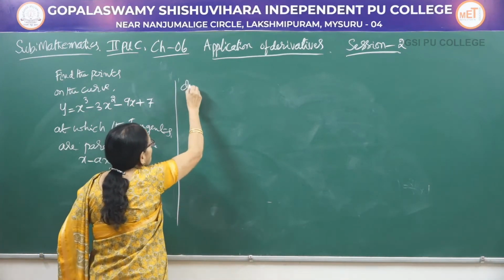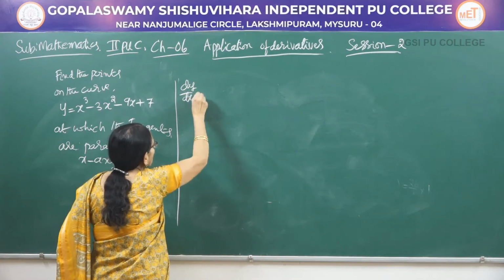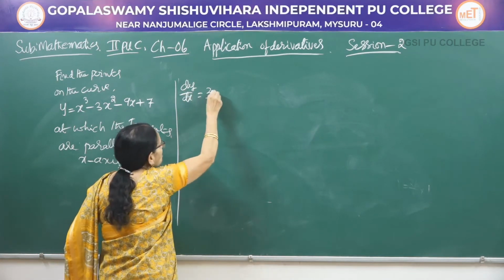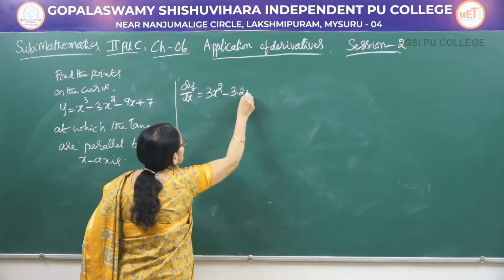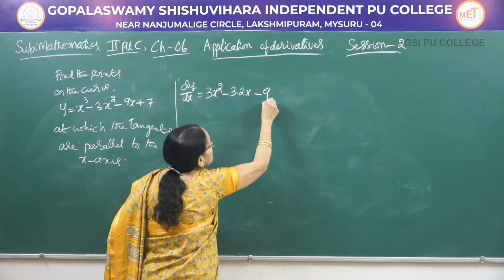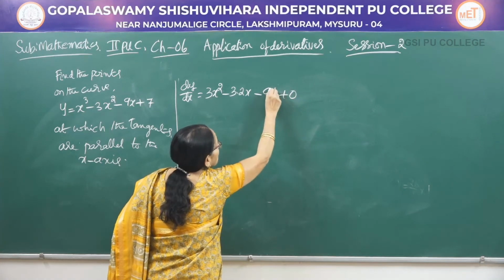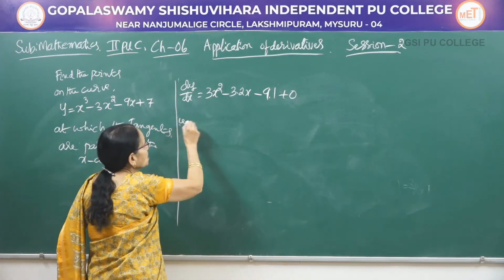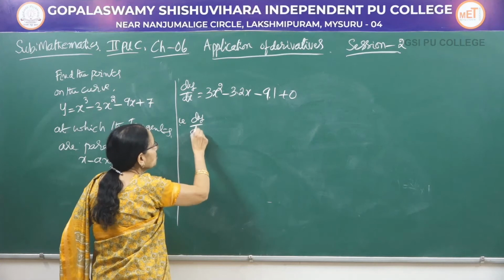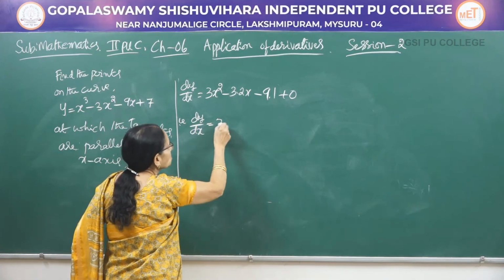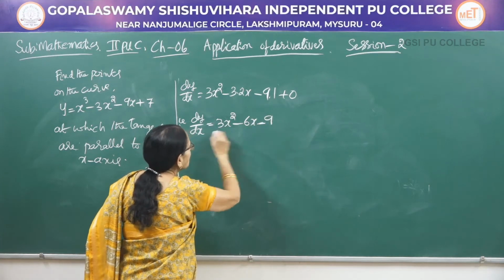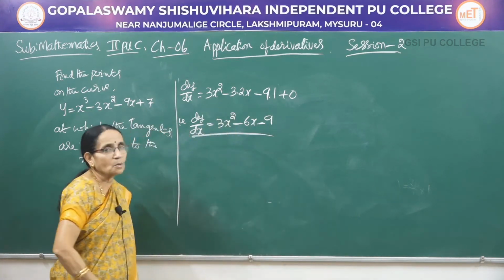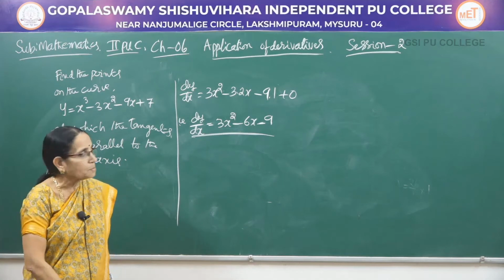Differentiating with respect to x, x cube becomes 3x square, and 3 into 2x, minus 9 into 1, 7 being a constant equals 0. That is, dy by dx would be equal to 3x square minus 6x minus 9.